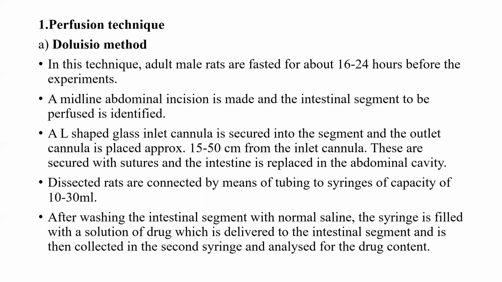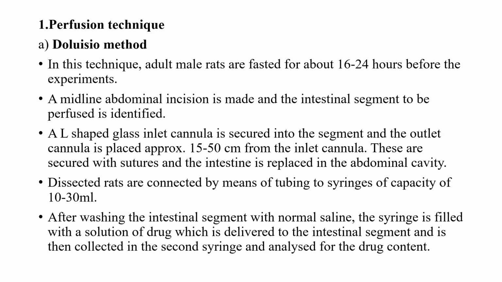After that, a midline abdominal incision is made, and the intestinal segment to be perfused is identified, and then an L-shaped glass inlet cannula is secured into the segment, and the outlet cannula is placed approximately 15 to 50 centimeters from the inlet cannula.